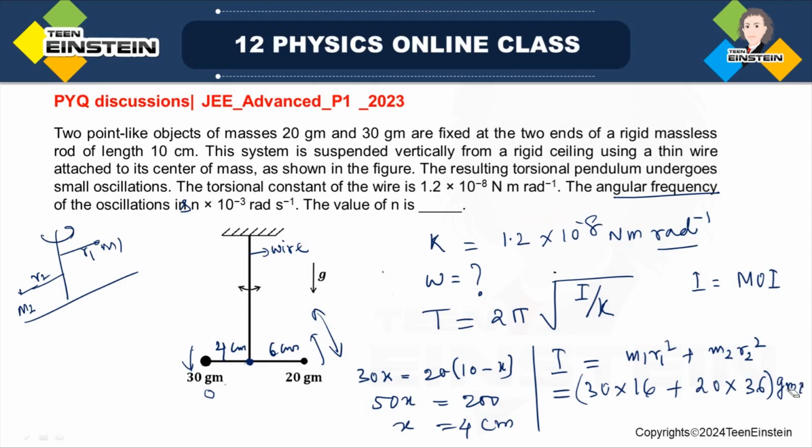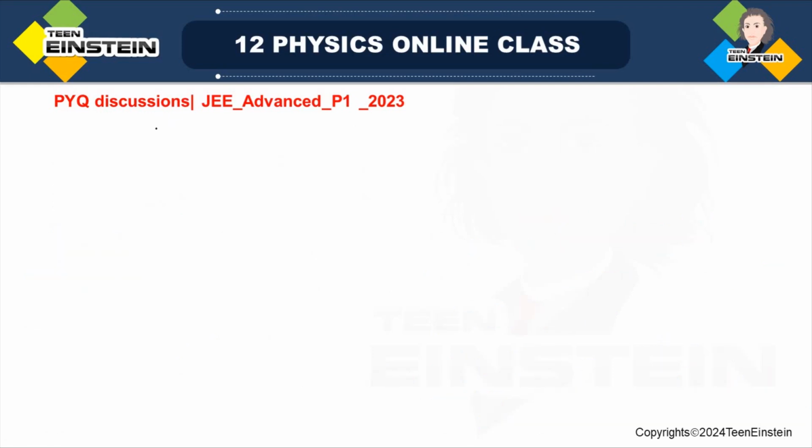Now if you add them, you will get 1200 gram centimeter square.